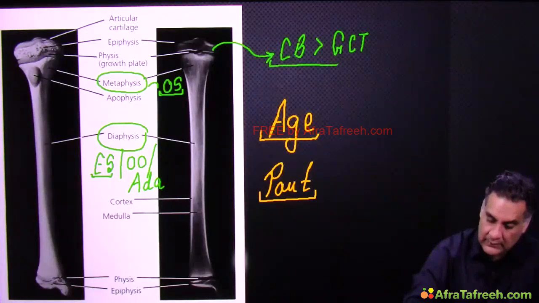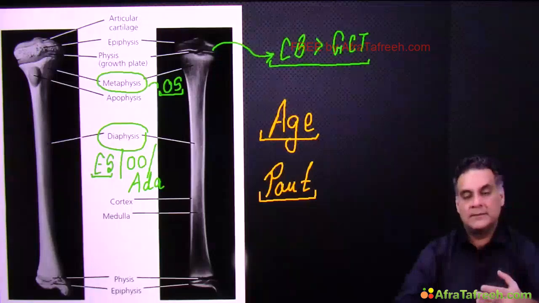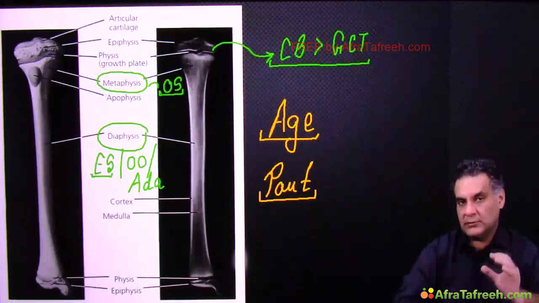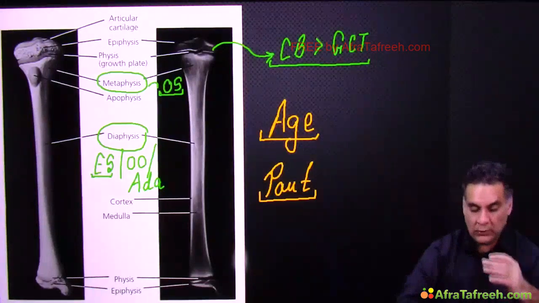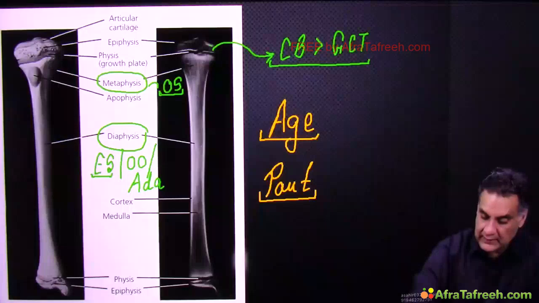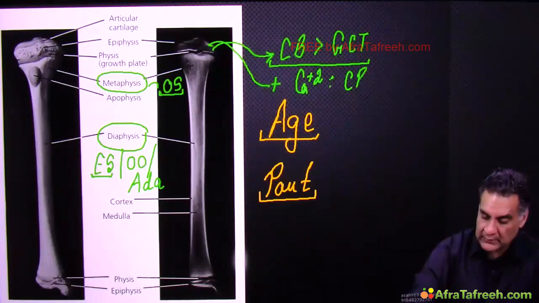Many people remember it the opposite way. Remember it's chondroblastoma more than the giant cell tumor. Also, if they say epiphysis with calcification, in that scenario, remember your answer will be absolutely chondroblastoma.